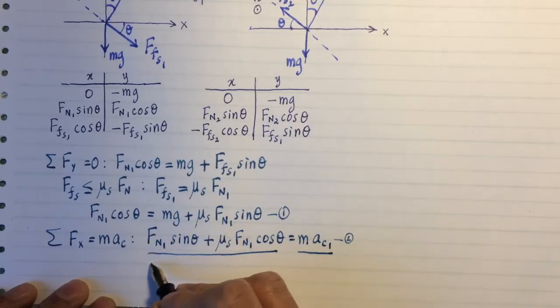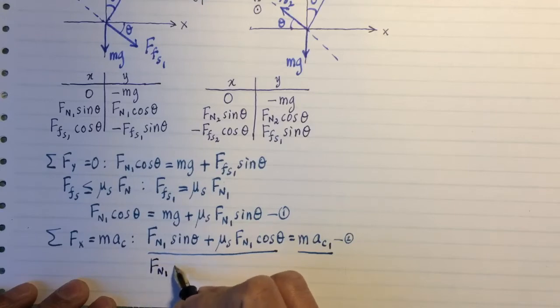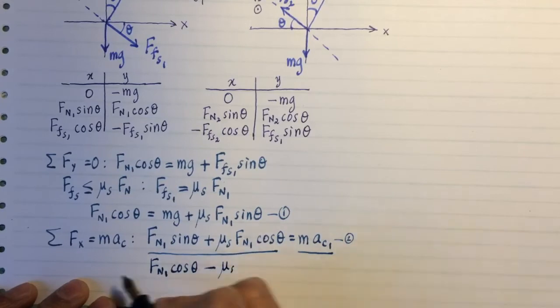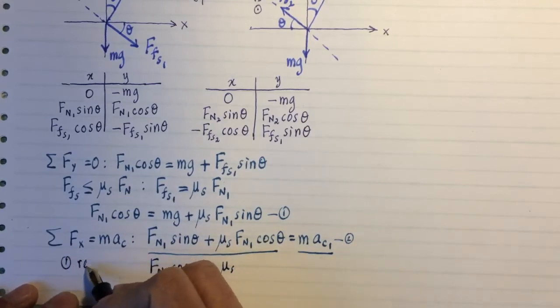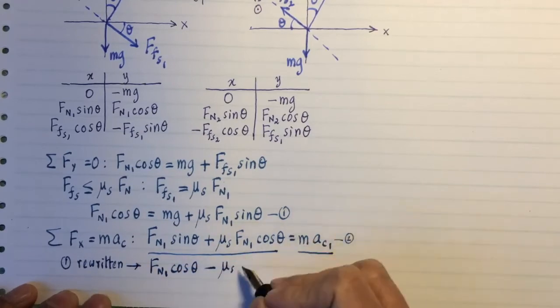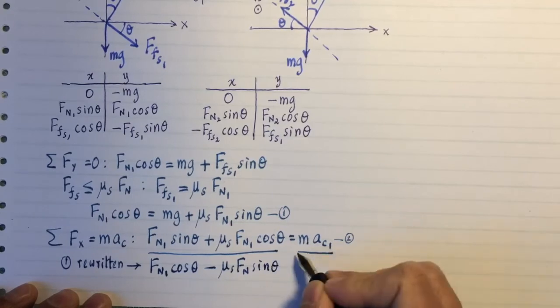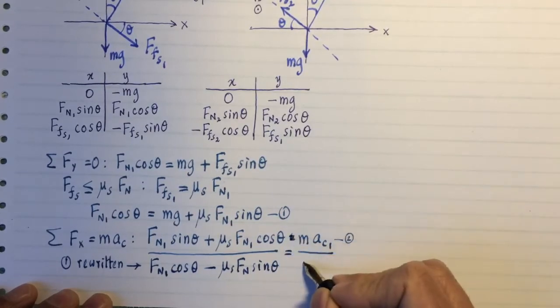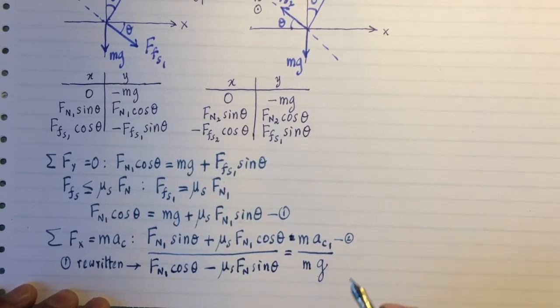Equation 1 I'll write in the following way: Fn1 cosine theta minus mu_s Fn1 sine theta is equal to m times g.